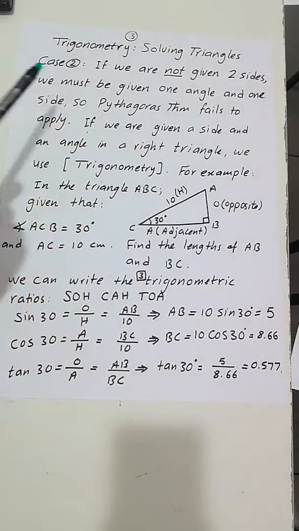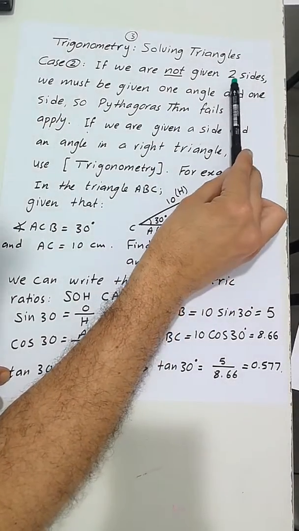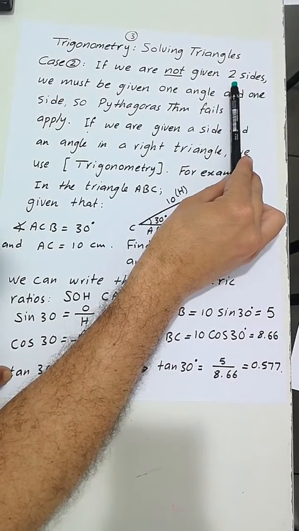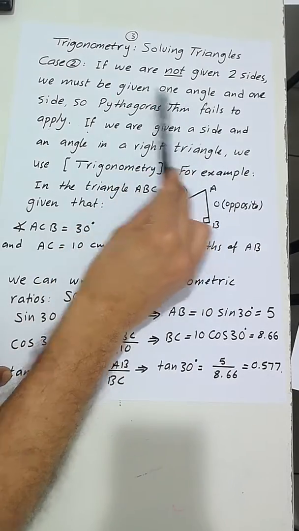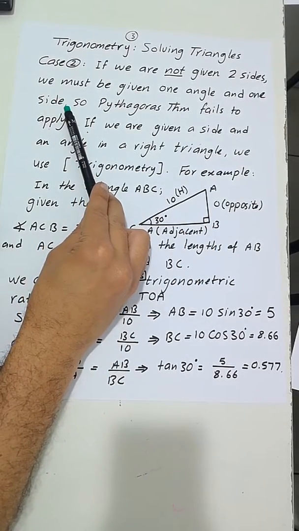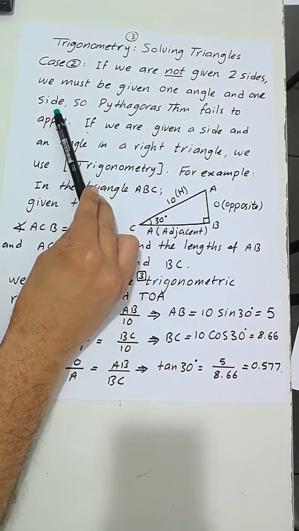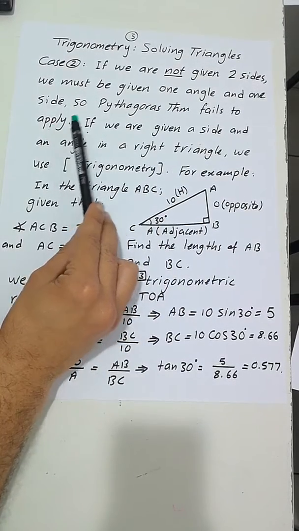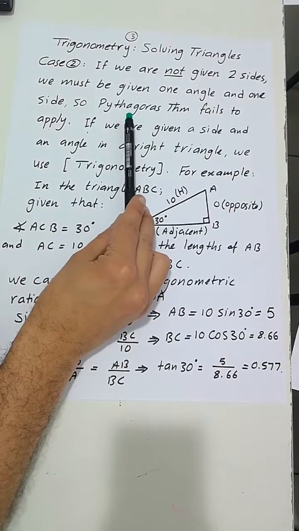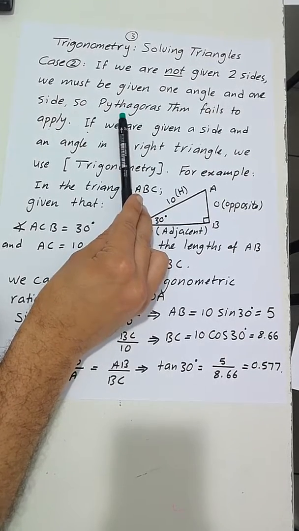If we are not given two sides in a triangle, we must be given one angle and one side to be able to solve the triangle. At least we must be given one angle and one side. In this case, Pythagoras will fail to apply. Pythagoras is only used when we are given two sides of the triangle.